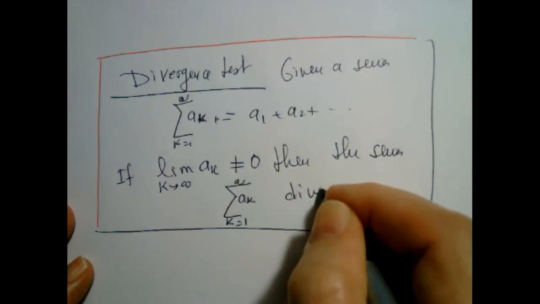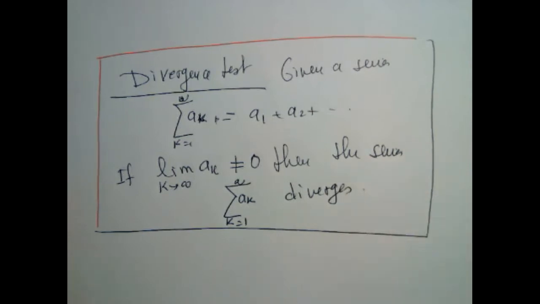It's crucial. So the divergence test tells me, if you have a series, look at the terms. If the terms don't go to 0, then the series diverges. If the terms go to 0, the series may diverge or converge.